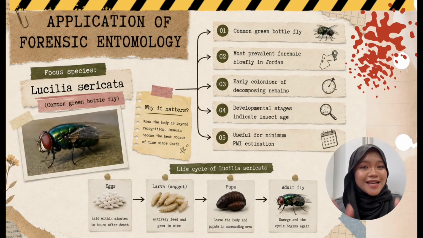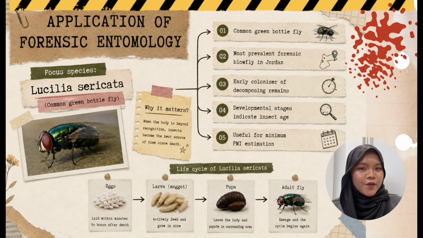Here is the application of forensic entomology. In this case, researchers focus on Lucilia sericata, also known as the green bottle fly. This species is recognized as one of the most common forensic blowflies in Jordan and is typically among the earliest insects to colonize decomposing remains.